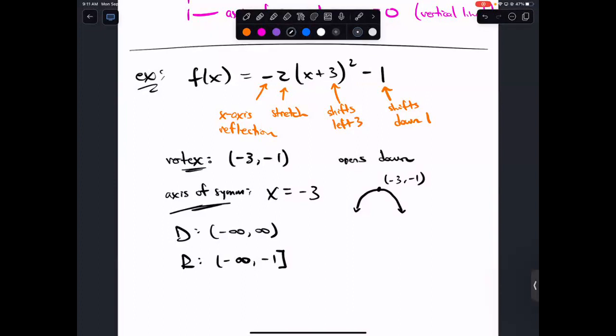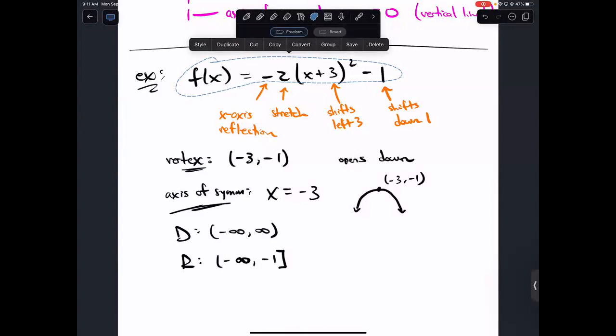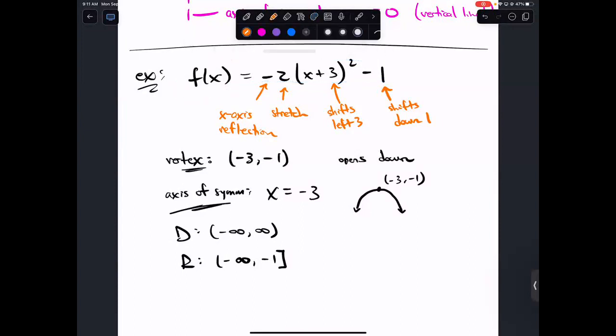Okay. And again, apart from the fact that I gave you like 2 new words, nothing new there really, right? This is what's called the vertex form for a quadratic function.